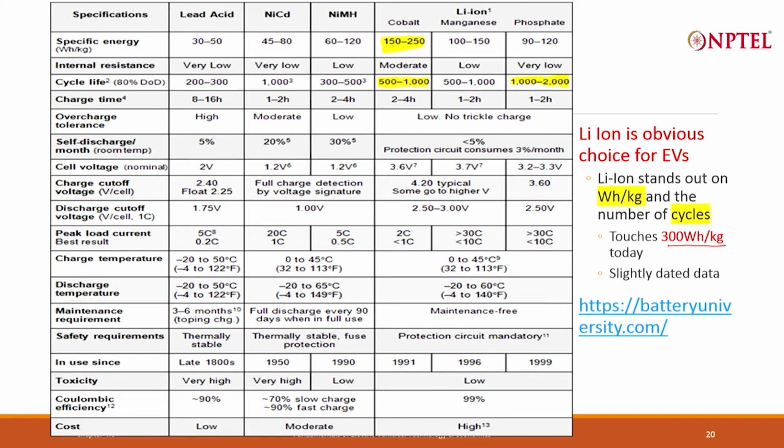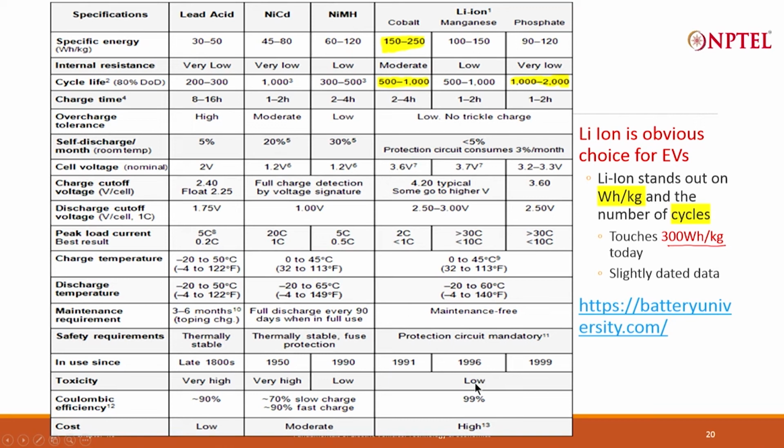Of course, you can charge it. Cell voltage, charge cutoff, all this plays an important role. Temperature, -20 to plus 60 degrees centigrade, charging temperature 0 to 45, this plays an important role. Maintenance free, of course, we are only talking about maintenance free batteries. Earlier batteries did have maintenance, and these are the dominant batteries that are used now.